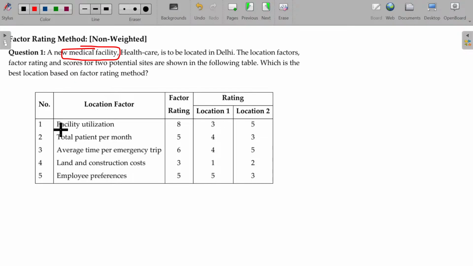So for facility utilization, how effectively are you using this? Total patients per month. And in case of an emergency trip using the ambulance, how quickly can we transport. And the cost we spend for constructing the hospital, land and construction cost. And whether the doctors are coming here or not. Employee preferences.